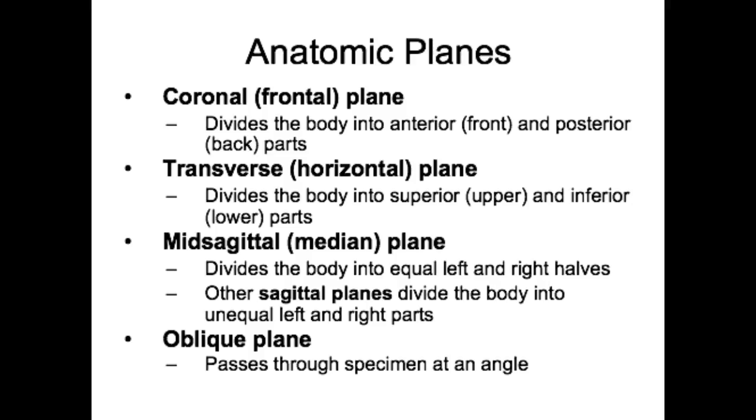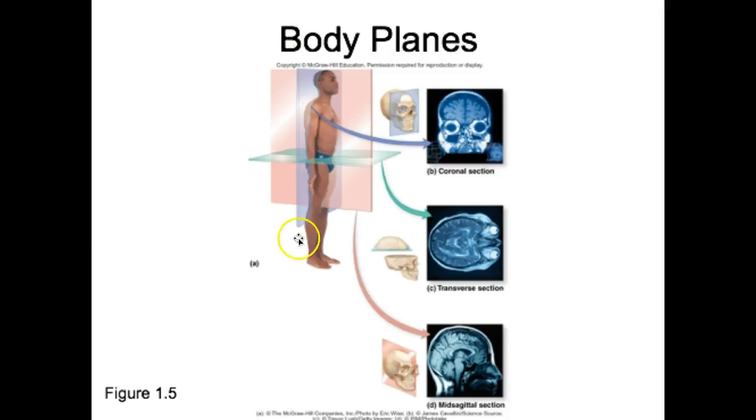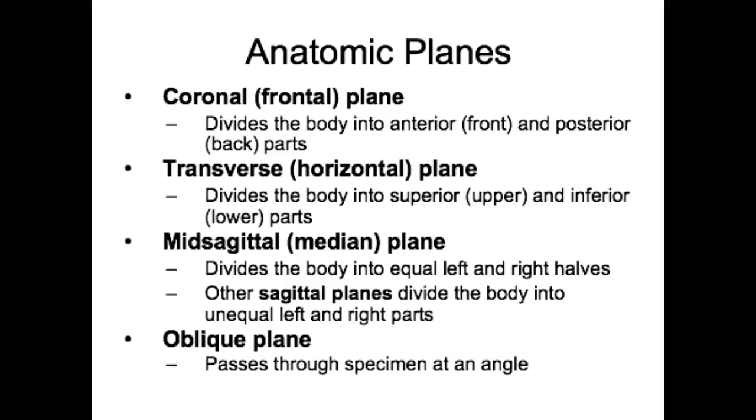Transverse or horizontal plane. Oh yeah, frontal plane. A note about frontal. This is also a regional term for the forehead region. So people can use this technically interchangeably. Coronal and frontal plane. They both mean this purple plane right here. The transverse or horizontal plane divides the body into superior and inferior parts.